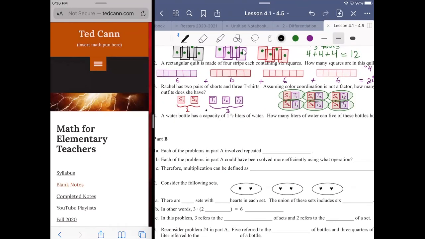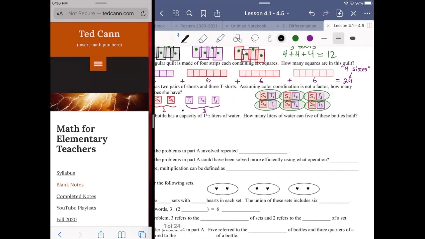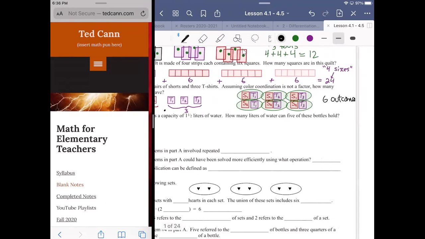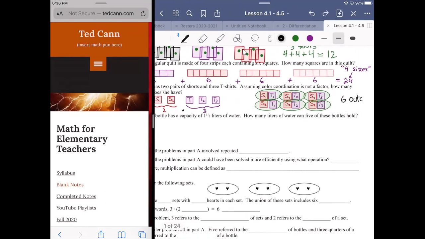This is one of those situations where it's like, okay, well, 2 times 3 is equal to 6. Yeah, there's 6 outcomes. Let me fix that. There's 6 outcomes, and 6 is the product of 2 and 3.